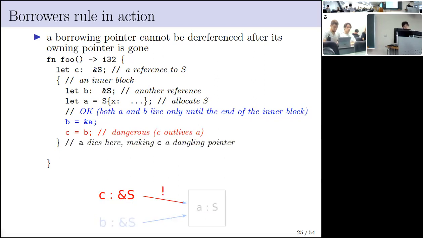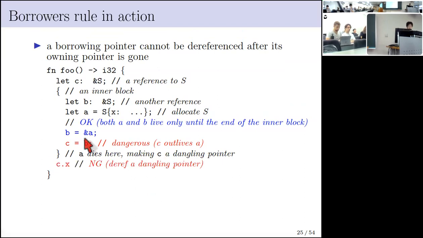Like I said, this data structure is going to disappear here because A is going out of scope at this point. This makes C a dangling pointer. So if you reference C, the X field of C or any other field for that matter, you are dereferencing a dangling pointer.